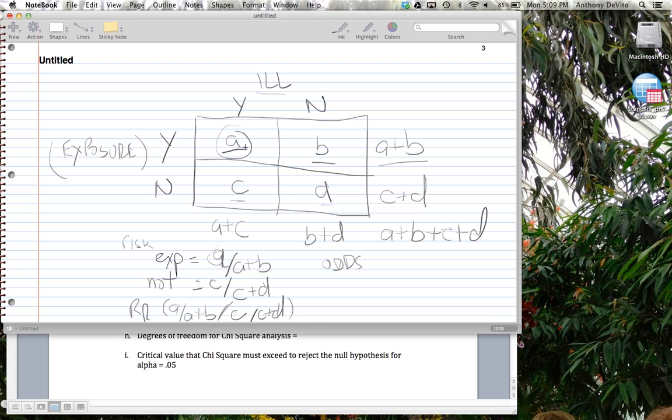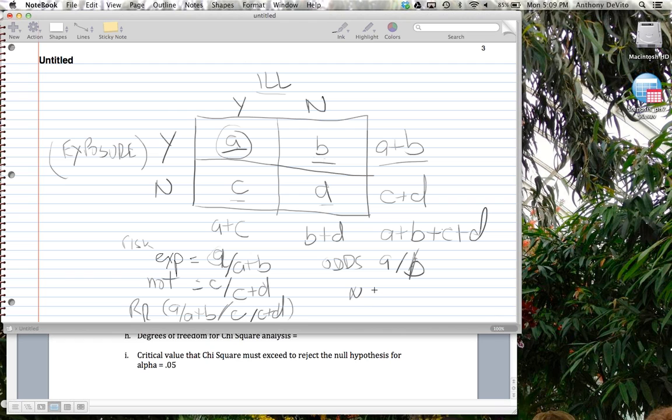If there are 50 people that became ill and 50 people that didn't become ill, then it's a 1-to-1 ratio, or 1. So our odds for exposed are equal to A over B.